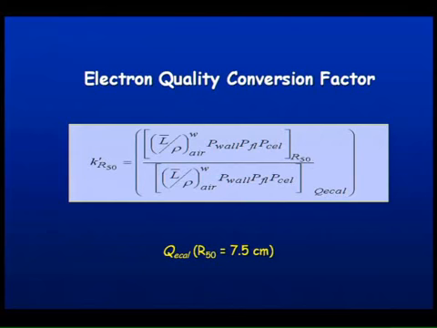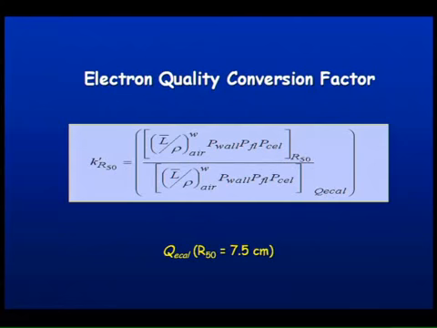Larry has given a nice presentation about what a well-guarded chamber is. And for a well-guarded chamber, the protocol assumed that all of these factors are 1. The wall correction factor is 1. The fluence correction factor is 1. Plane parallel chambers don't have a central electrode.